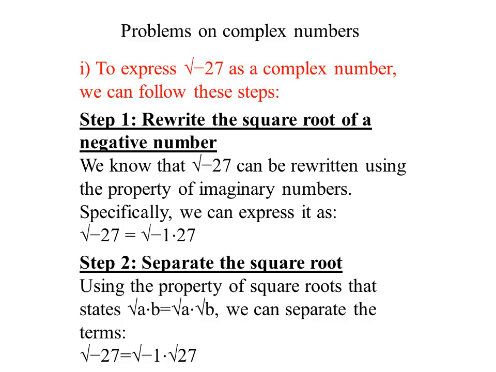Using the property of square roots that states root a into b is equal to root a into root b, we can separate the terms: root of minus 27 is equal to root of minus 1 into root of 27.